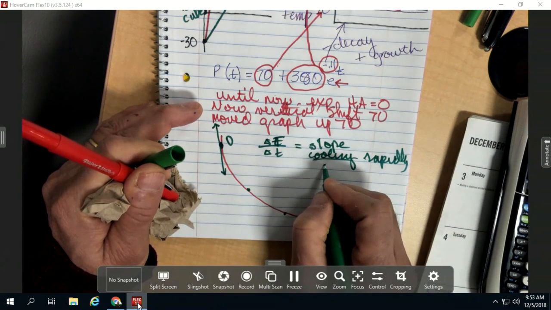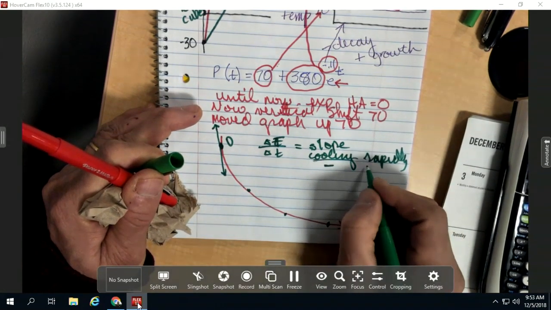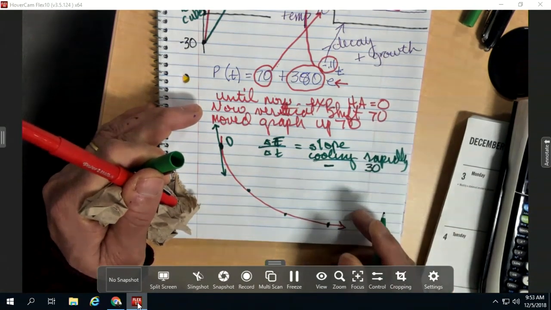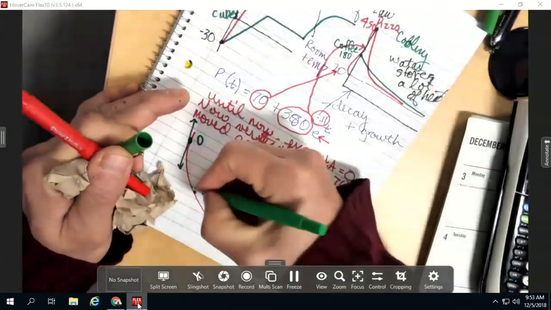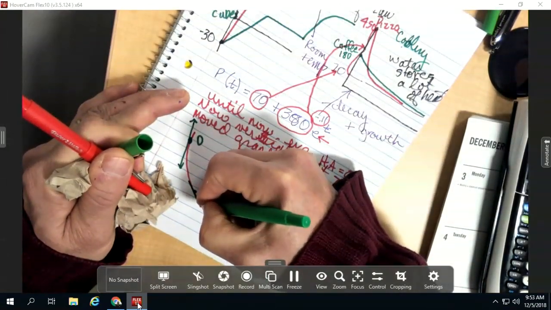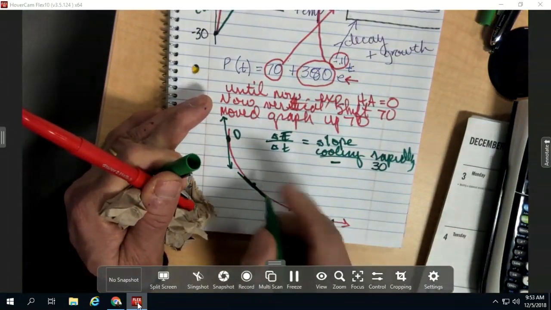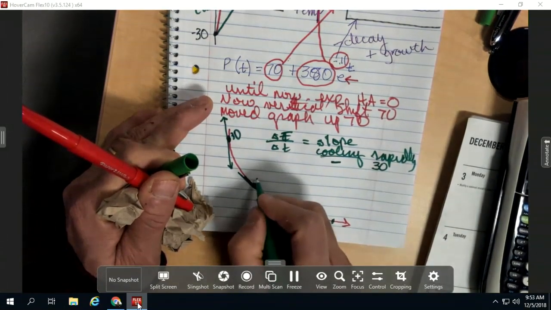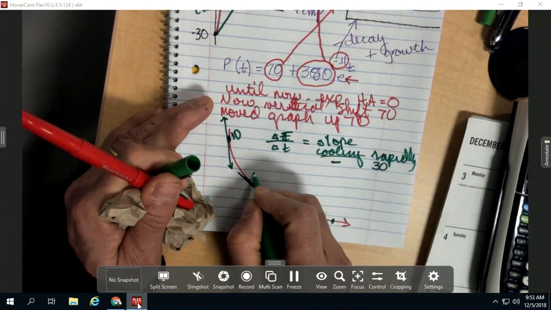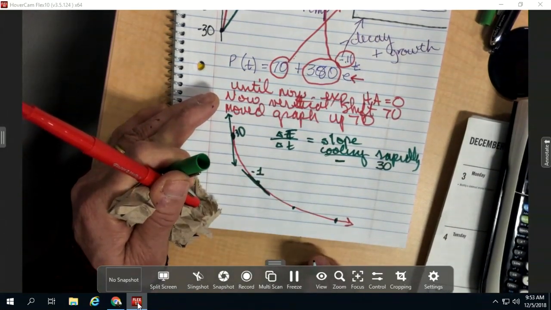It's going to be negative, right? How does the rapidly translate? It'll be a big number, like 30. It's losing 30 degrees per whatever. Okay? At 10 minutes, so the slope here, let's say, was 30. The slope here appears to be about negative 1. What does that mean?